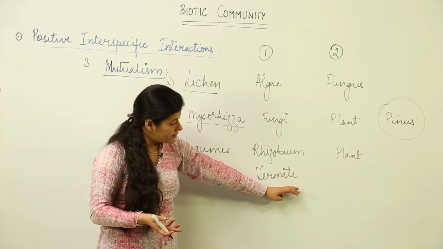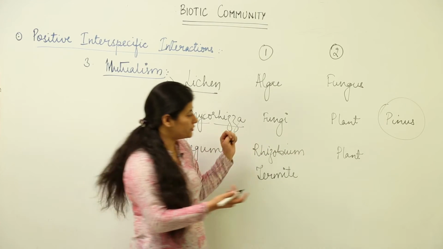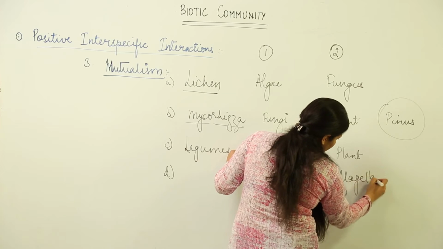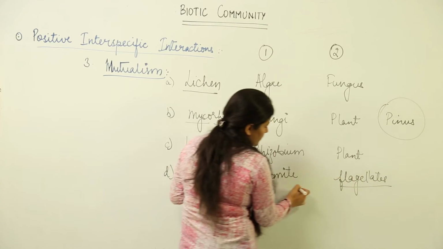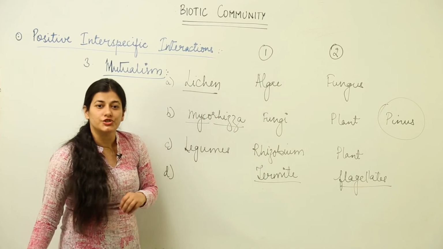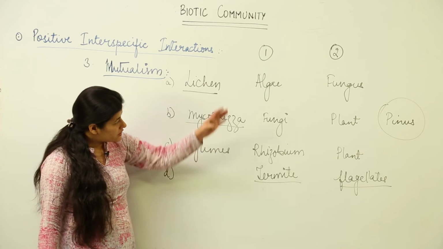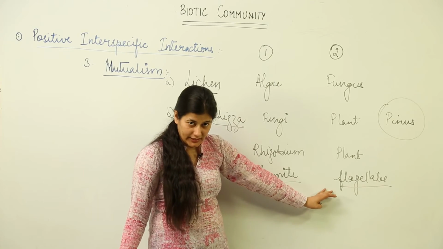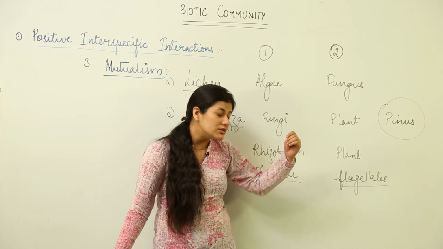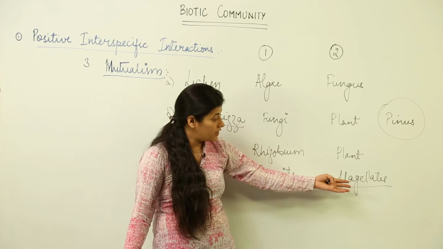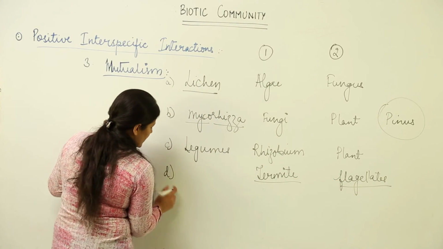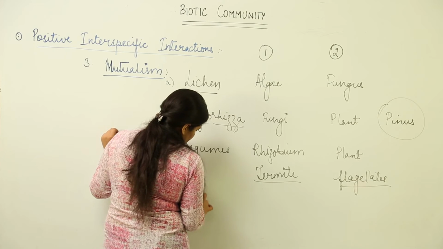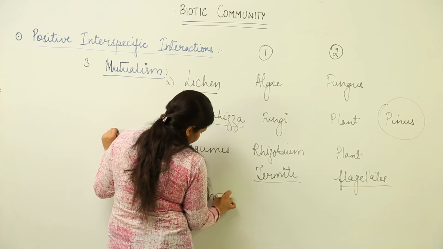So, these termites are in a symbiotic relationship with certain flagellates which are present inside their gut, and these flagellates are responsible for digestion of wood. Alright, so these are again examples. This also shows how interdependent they are on each other and how the longevity of the organism is dependent on its symbiont.